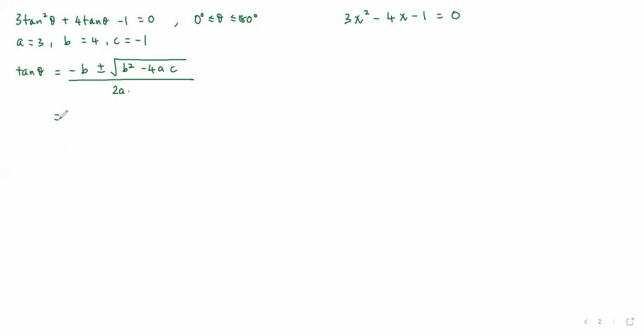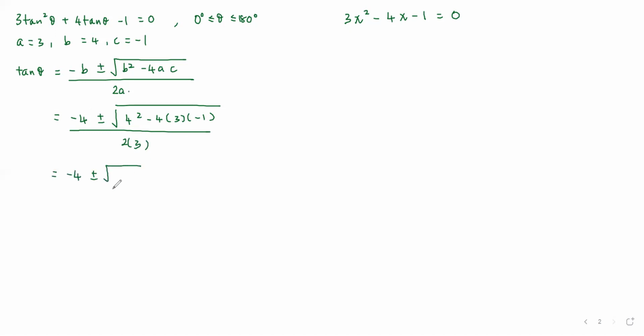So tangent theta is negative 4 plus minus square root of 4 squared minus 4 times 3 times negative 1, all over 2 times 3. And we have negative 4 plus minus square root of 28 all over 6. Use your calculator to compute the decimal values.